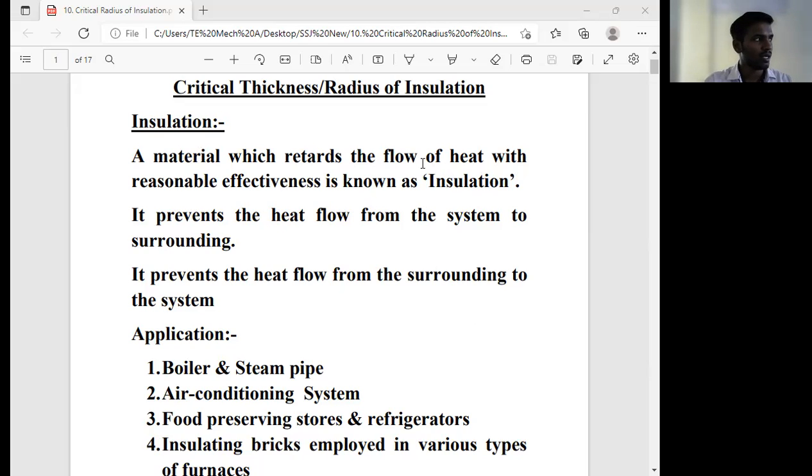If you want to reduce the flow of heat, for that purpose we have to use the insulation. It prevents the heat flow from the system to the surrounding. How to control the heat flow from system to surrounding or surrounding to system, for that purpose we use insulation. Do all of you get this point? Insulation is a material which retards the flow of heat with reasonable effectiveness.